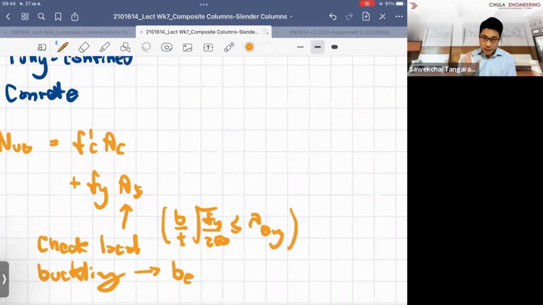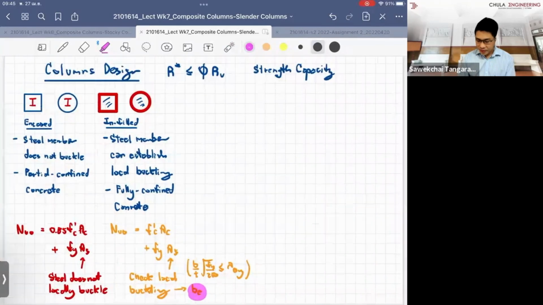If it's above this limit, you have to reduce the section and calculate the effective width according to what we discussed in the last couple of days.